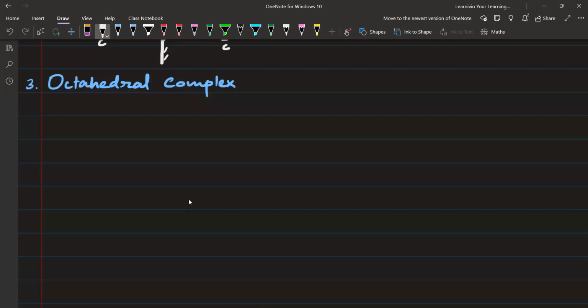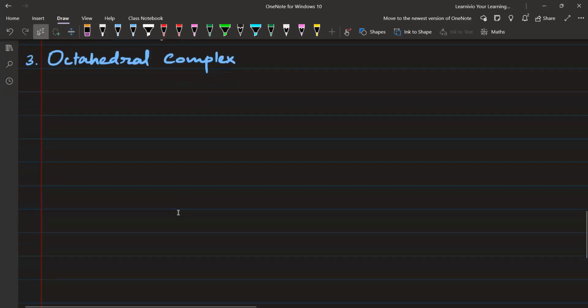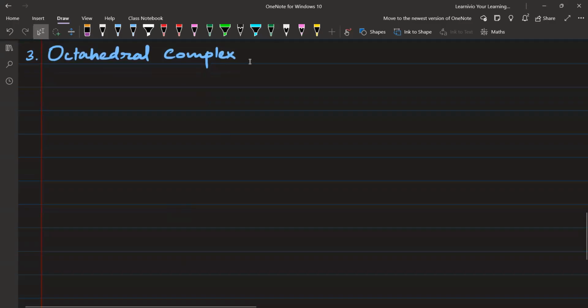In octahedral complex, the first thing we have to see is when there will be a center of symmetry and plane of symmetry. Plane of symmetry you will understand: if you cut it, you should get the same things on both sides, then we say that particular thing has a plane of symmetry. So if you cut it on either side, you will be getting the same thing. That is plane of symmetry.